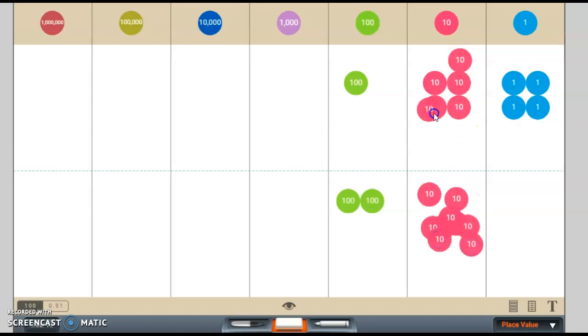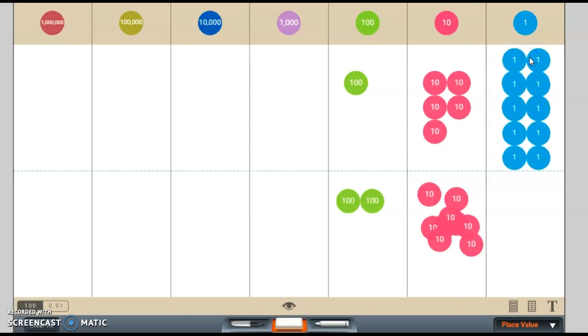So now I've taken away 90 tens and I still have some left over, which is good because I need to take off 6 ones. I only have 4 ones. I can shift again. I shift from my tens and I move it into my ones and I get 10 ones. So I can count off 1, 2, 3, 4, 5, 6.